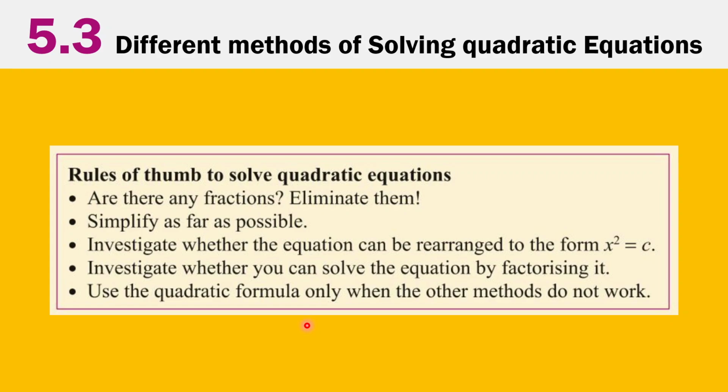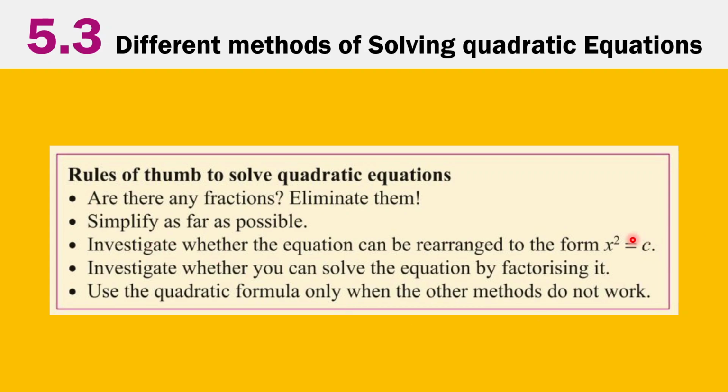Okay. And here are some rules of thumb, and that's what I'm going to close up this PowerPoint presentation with as well. Most of the time, if there are any fractions, first eliminate them by multiplying by a certain number or dividing by that fraction. Simplify as far as possible, and then investigate.